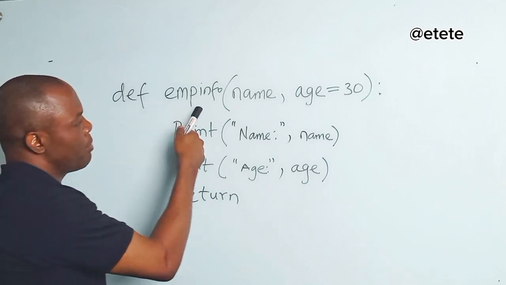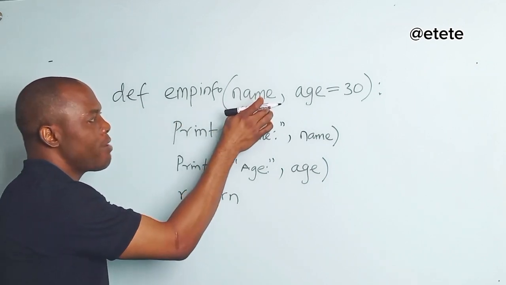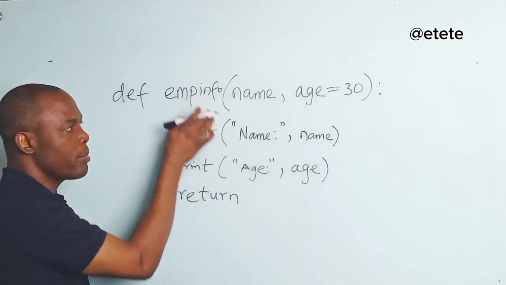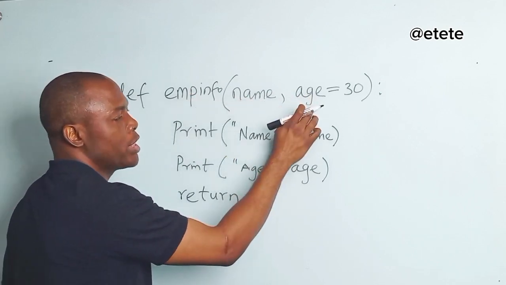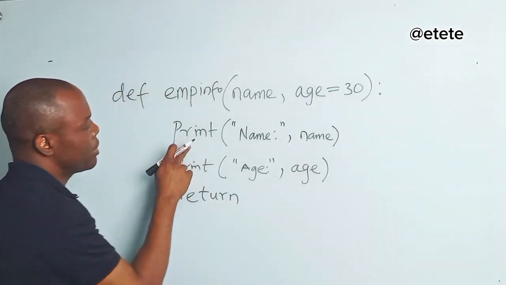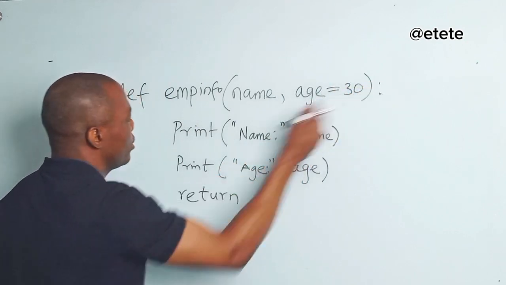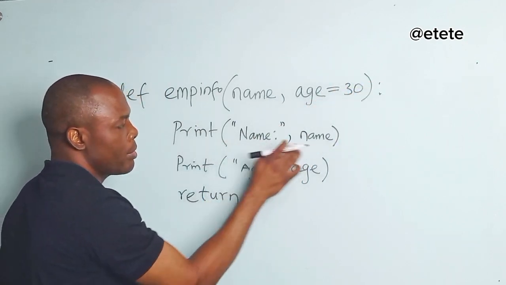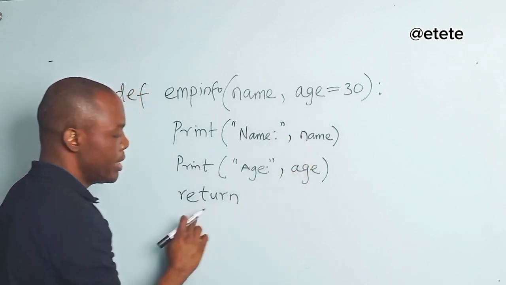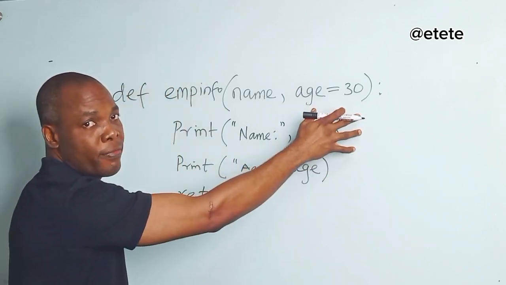Now I have defined employee info. These are the two arguments that I'm supplying to this employee info. This is my function name. So I have name supplied to it, age. And then this age has a default value, which is what? 30. Now I'm saying go in. This is the door. You go in, print name, then this name is supplied, print age, then this age is supplied, then return. So this is my function that I've defined.